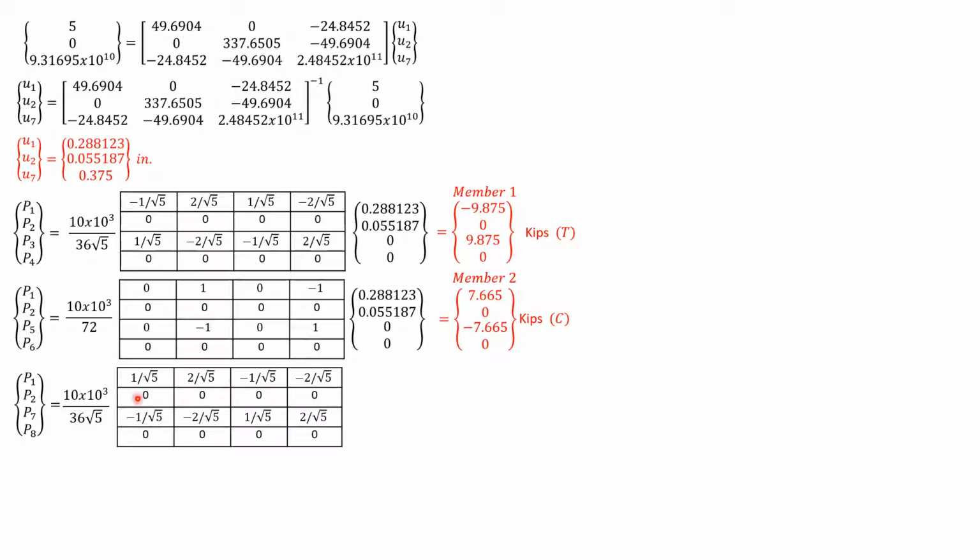Then their negatives, then 0, then the negatives of row 1, multiplied by 0.288123, 0.055187, and 0. So we have to expand these 3 rows because the last is 0. Times 10 times 10 to the 3 over 36 square root of 5. So you'll get 1.3050 negative 1.3050. That is also compression. So member 3 is in compression also.